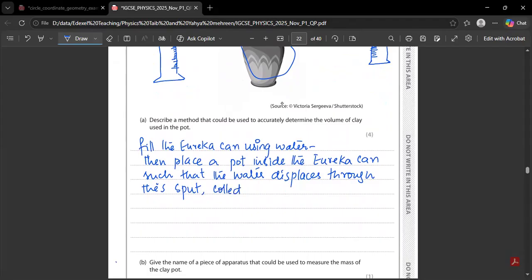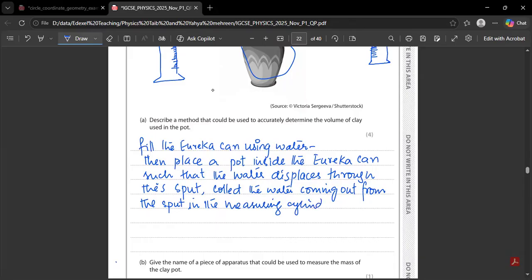Collect the water coming out from this part in the measuring cylinder, and then set line of sight to avoid parallax error.